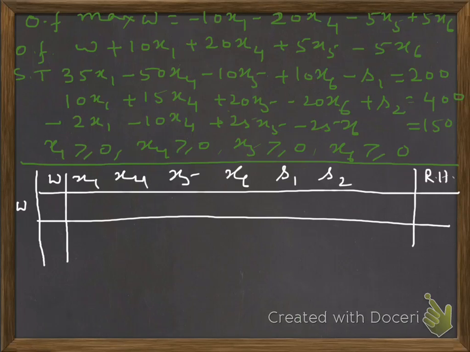Now if you try to make this coefficient, which is minus 1 right now, plus 1 by multiplying both sides by minus 1, then you will get plus s1, but then the right hand side value 200 will become negative. And you know that for a feasible solution, right hand side values should not be negative. So multiplying by minus 1 is not going to help us.